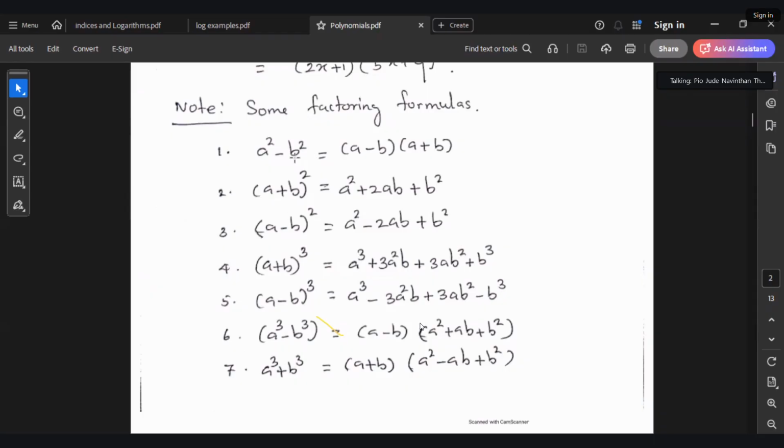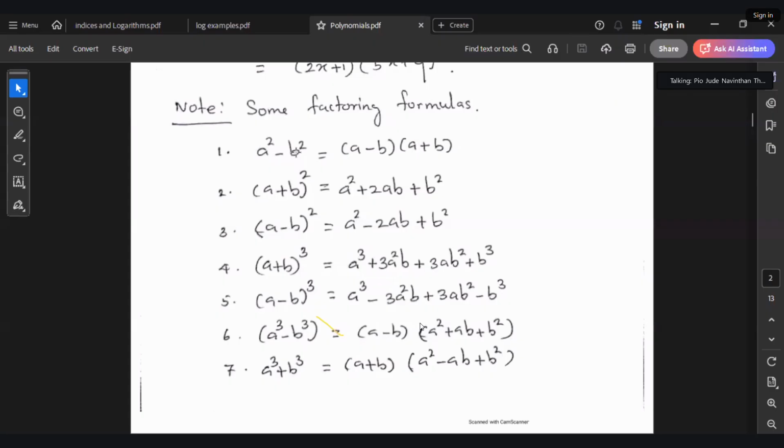Otherwise, please keep in mind, A square minus B square is not equal to A minus B holding square. So this is the one and only formula, right?